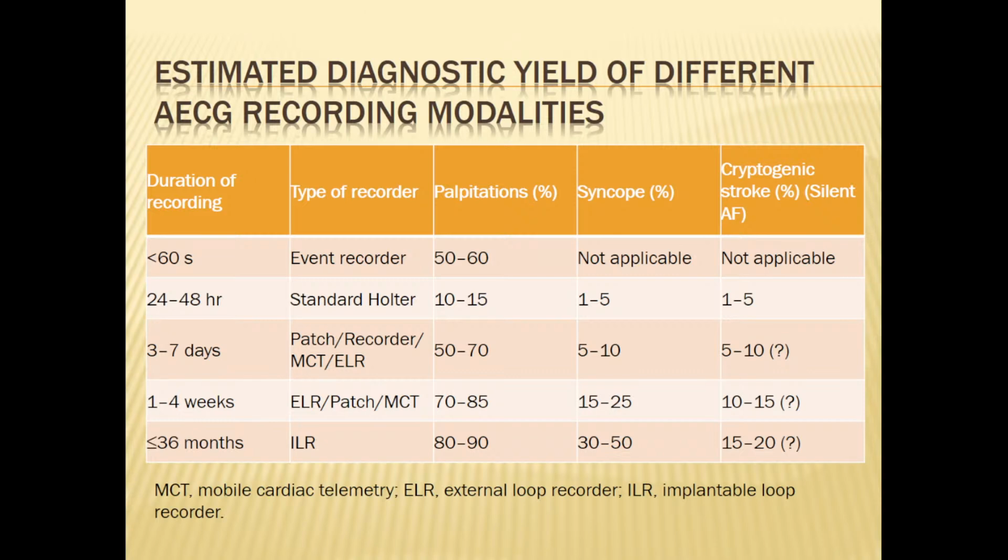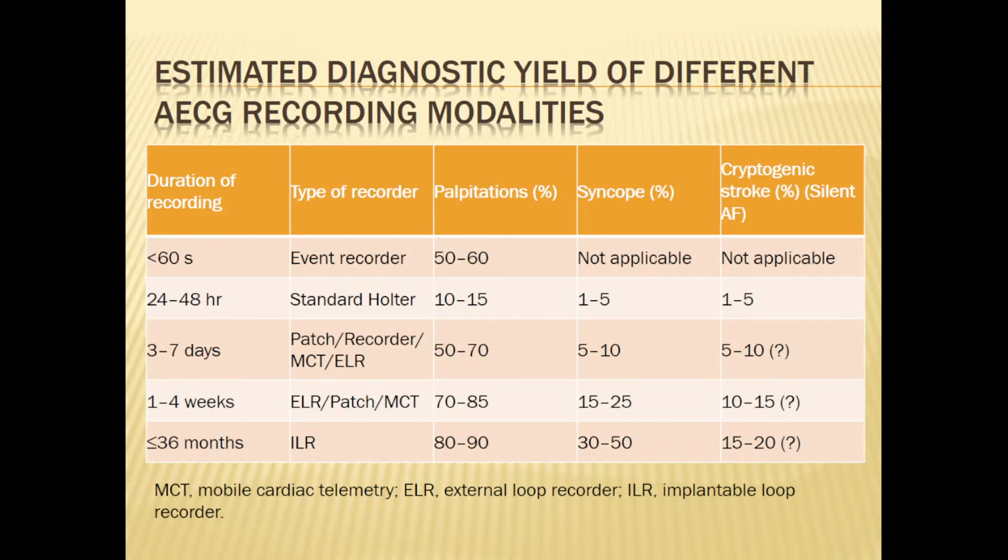If the duration of records is less than 1 minute, it is called an event recorder, and it is placed on the patient's chest, but it is switched on only when it senses some pathological rhythm, and then this device records it. It may be used for palpitations, and its sensitivity is around half of the episodes of palpitation. Not useful for syncope or stroke or atrial fibrillation.